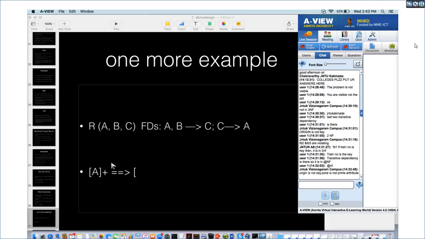Using the attribute closure, you will determine the keys. Once you determine the keys, then you know in what normal form this relationship is in. In the previous example, I gave the keys.